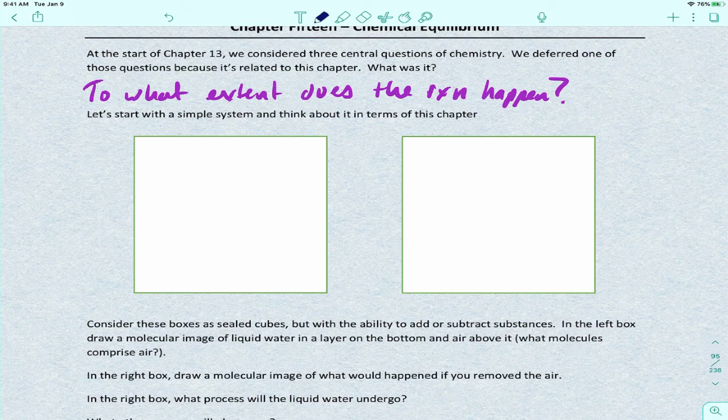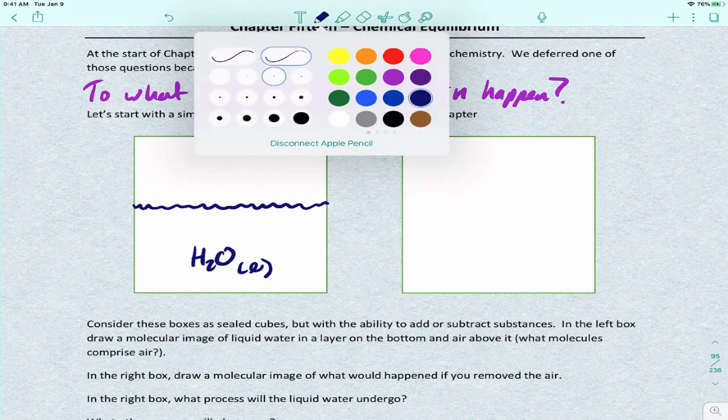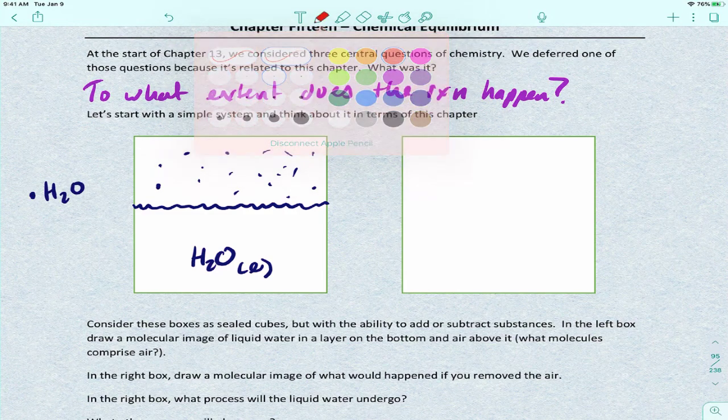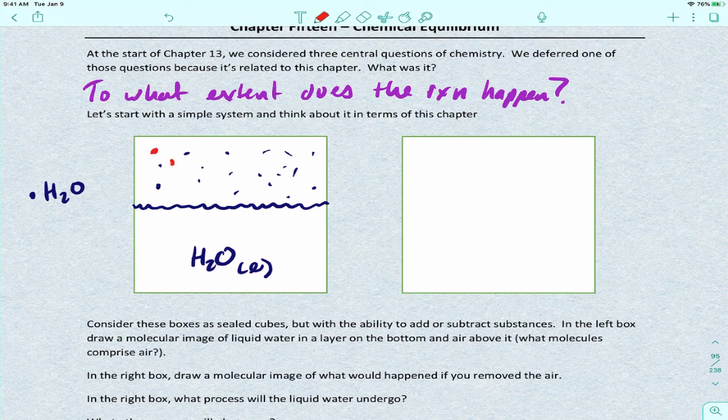All right, so let's say we've got a container of water. So here's my liquid. Now above that, we have water molecules, and I'm going to color those in. Remember, blue dots are water. Now, in air, not only are you going to have water vapor, but you're also going to have oxygen.